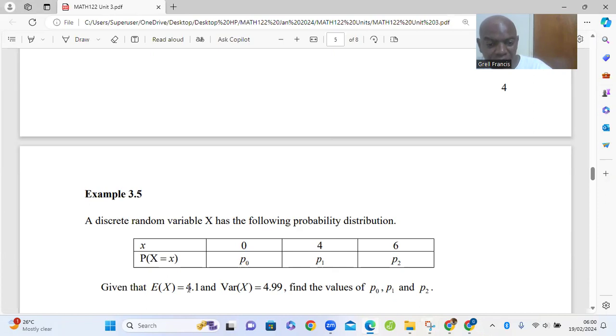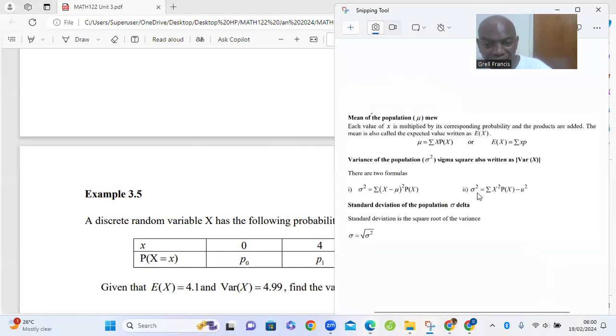So therefore 0 times p of 0 plus 4 times p of 1 plus 6 times p of 2 must be equal to 4.1. So an equation can be formed. And the formula for variance now, here it is. There are two formulas. The second formula is a little bit more appropriate for this kind of problem. It is the sum of x squared times p of x minus the mean squared. So you have to square each value of the random variable, multiply by its associated probability value, sum this up, and then subtract the mean squared, which of course we are provided with, and that should equal 4.99.